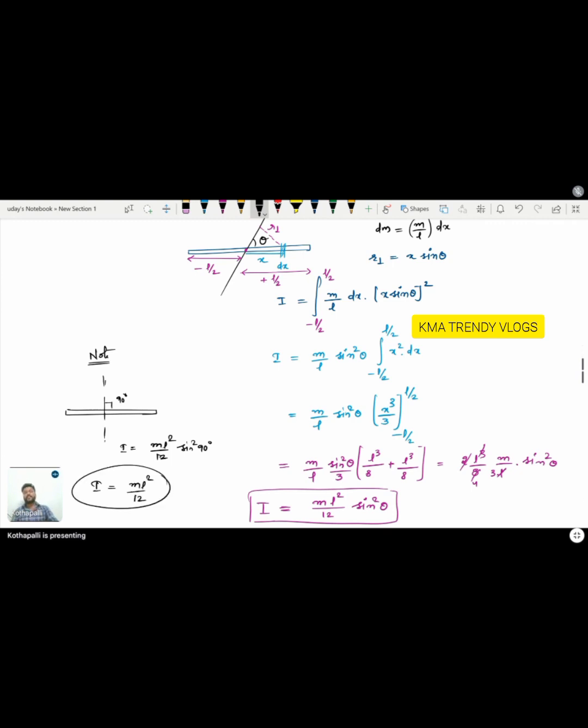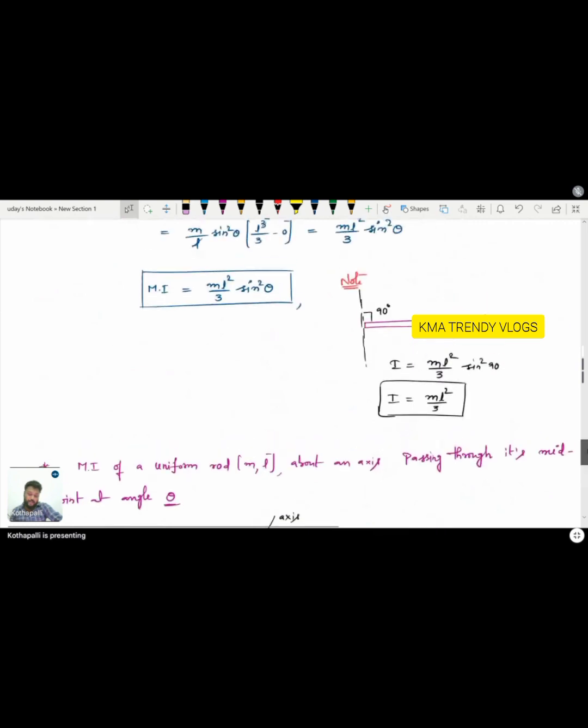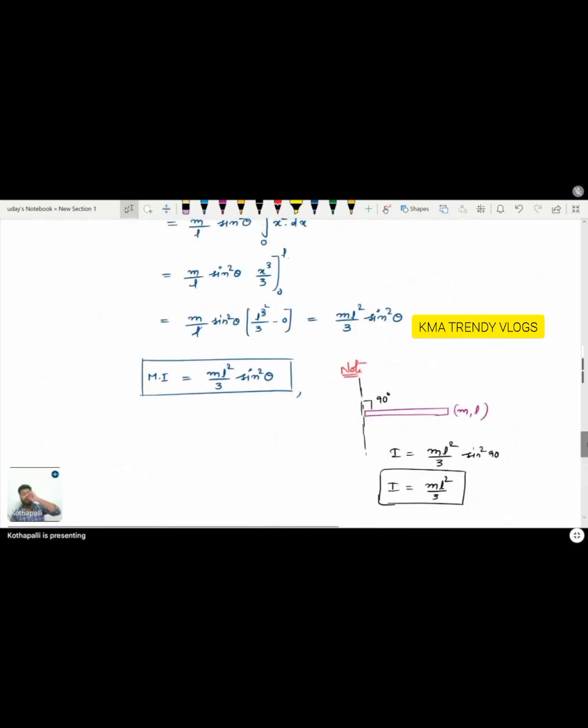Remember direct conditions. If the axis is passing through the end of the rod, m L square by 3 sine square theta. If the axis is passing through the center, making an angle theta, m L square by 12 into sine square theta. If the rod is perpendicular to the axis of rotation, passing through the end, m L square by 3; passing through the center, m L square by 12. By using these two conditions, let's solve some questions.